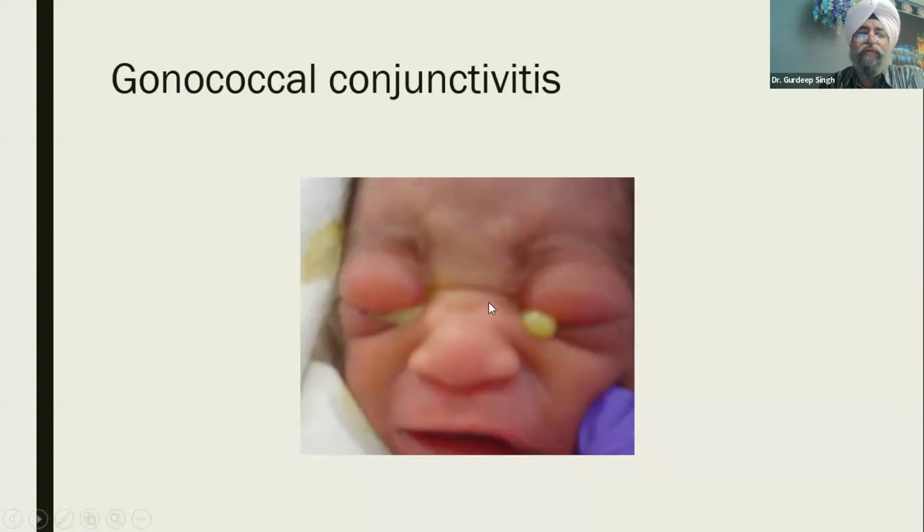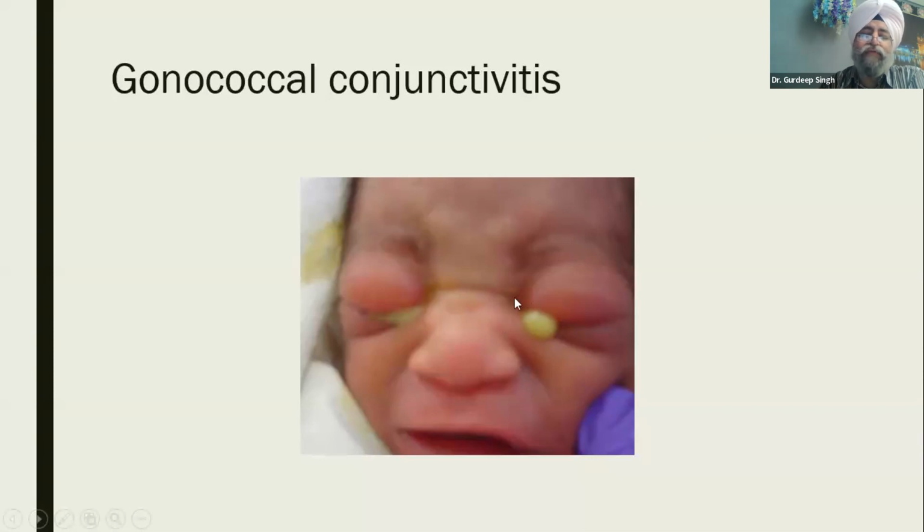But usually we start with something like Tobrex, which is very safe, because Tobrex is safe in G6PD deficiency also, and we never know if the child has any kind of G6PD deficiency. So before we know anything about that, Tobrex is first to start, then we can follow with other medicines depending upon the culture as soon as possible.